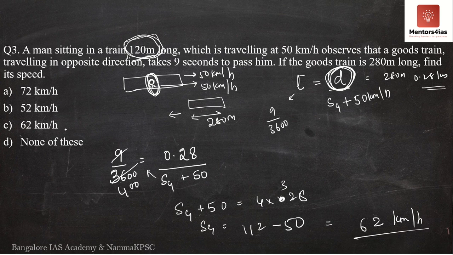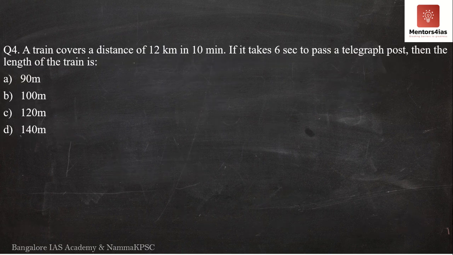Therefore, the speed of the goods train is 62 kilometers per hour. Therefore, the correct option is option C. Yes, it is 62 kilometers per hour. I hope you understood this. We'll move on to the next question now.